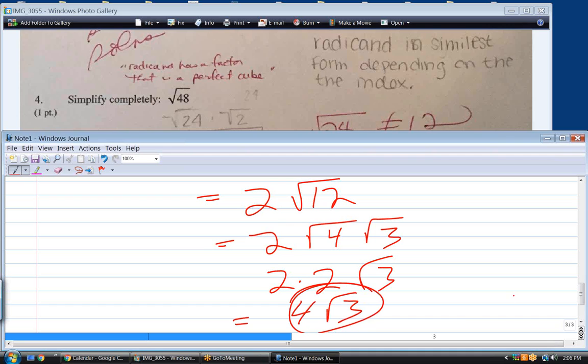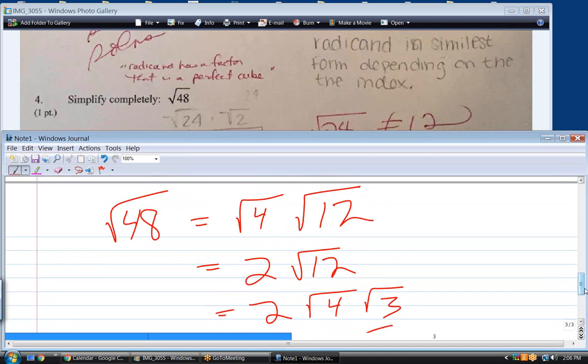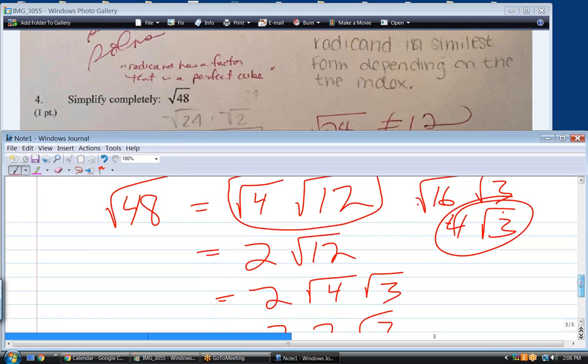So it's not particularly important that you find the greatest factor. It's just helpful. In other words, I'd have been a lot better off splitting it into root 16 times root 3, because that gets me the answer in basically one step.